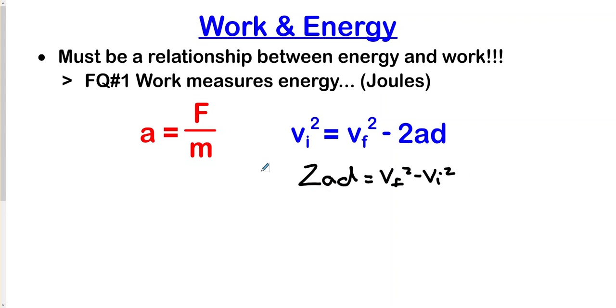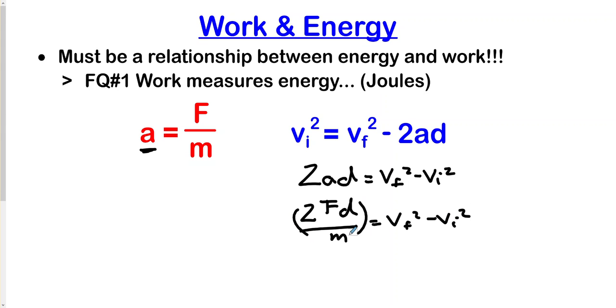And if I take acceleration and substitute acceleration as force over mass, I would end up with 2 force times displacement divided by mass is equal to V final squared minus V initial squared.